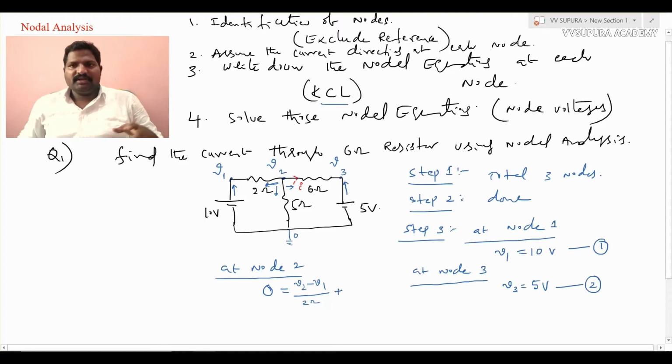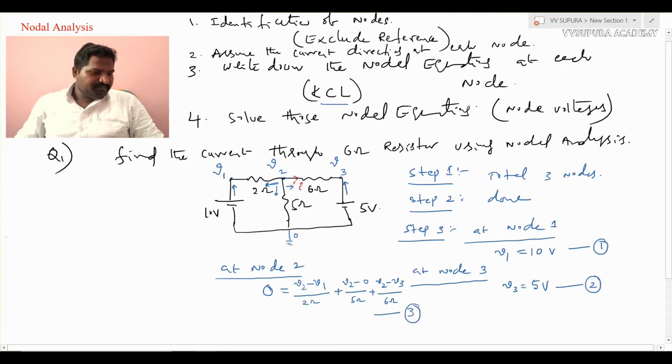Because the algebraic sum of the currents entering a node is equal to the algebraic sum of the currents leaving the node. So from V2 to the reference node, that is V2 minus 0 by 5 ohms, plus V2 to V3, V2 minus V3 upon 6 ohms, equal to 0. That is at node 2, and that is equation number 3.